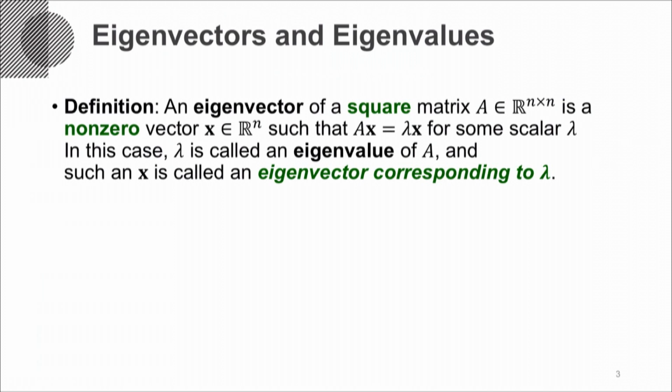So let me start with the definition of eigenvalue and eigenvector. We initially start with a square matrix A in n by n dimensional space. And we consider some special vector called an eigenvector, a non-zero vector x in n-dimensional space, such that this equation is satisfied for some scalar lambda.